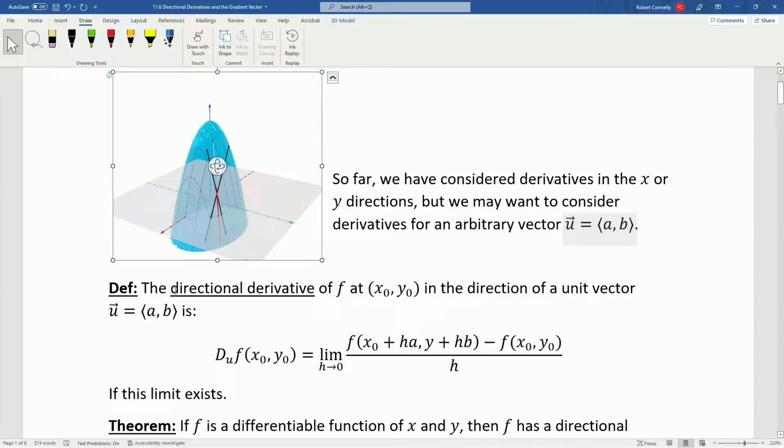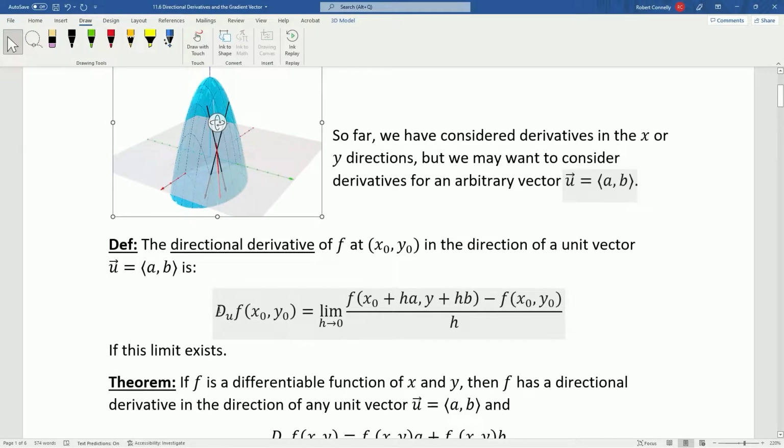So, the definition: the directional derivative of f at x naught, y naught in the direction of a unit vector u equal to the vector ab is D sub u of f, our notation for the directional derivative of f with respect to u.